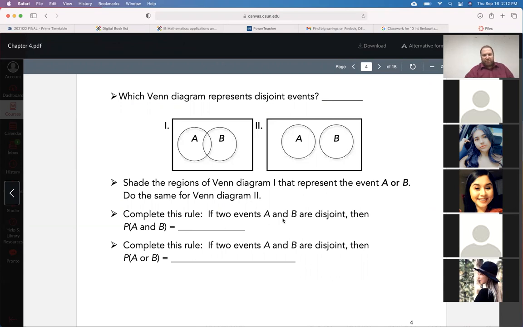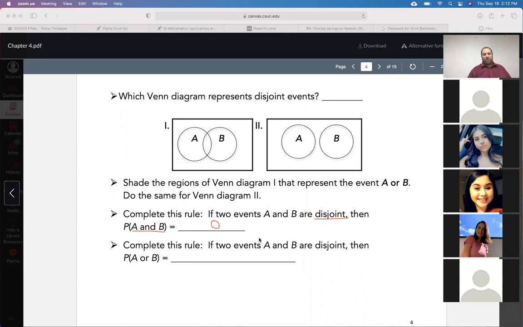Okay, if two events A and B are disjoint, then what is the probability of A and B? If they have nothing in common, what is the probability that both of them can occur simultaneously? 0. It's impossible for both of them to occur simultaneously if they are disjoint events.